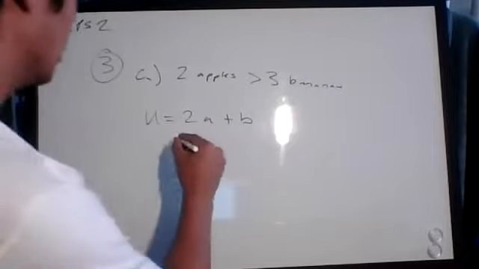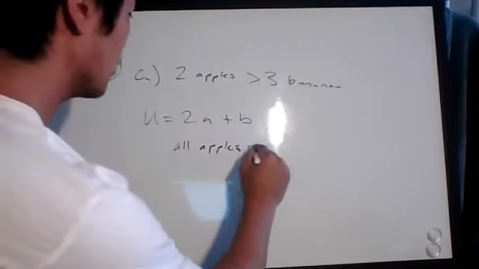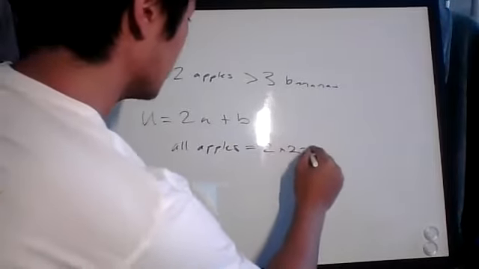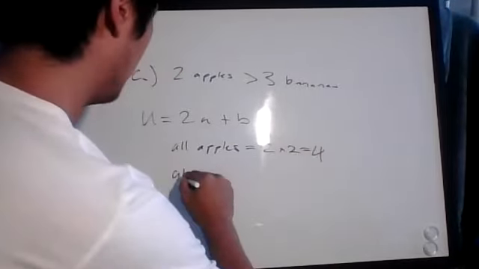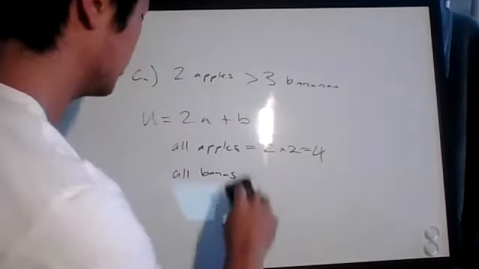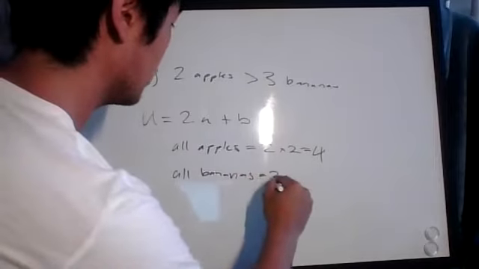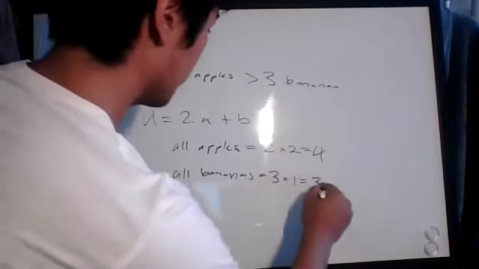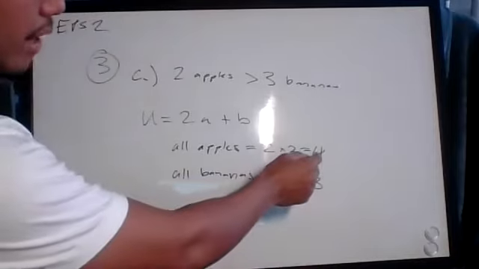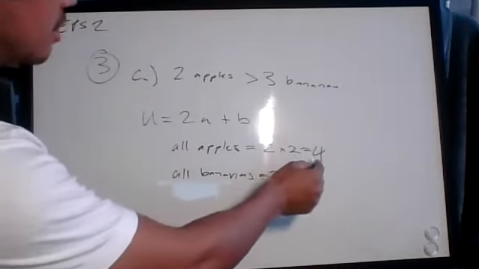So all apples equals 2 times 2 equals 4, and all bananas equals 3 times 1 equals 3. And obviously you would rather have 4 utility to 3 utility.